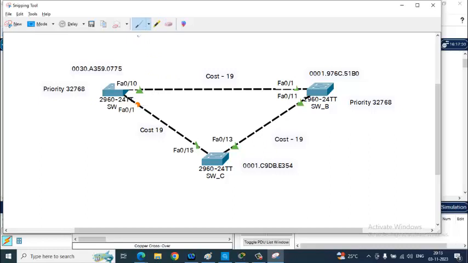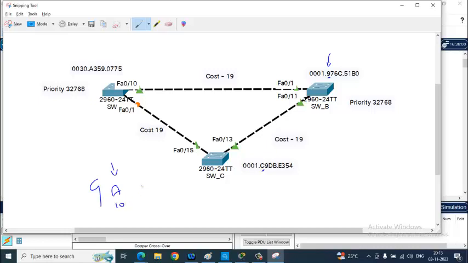No change. This will be forwarding, and this will be forwarding. Now both switches will see which path is cheaper to reach the root switch. For switch C, going like this is cheaper, only 19.